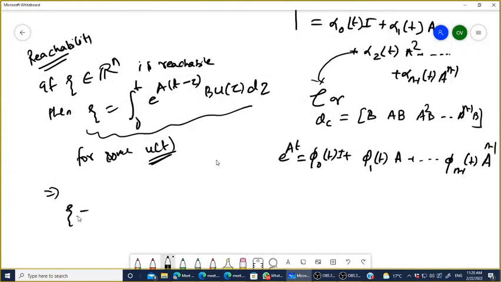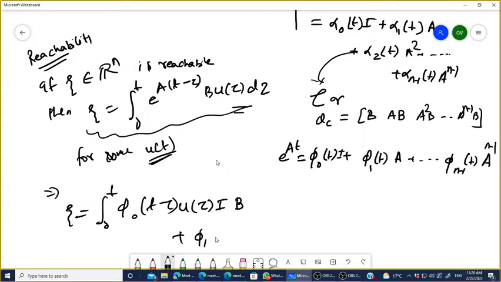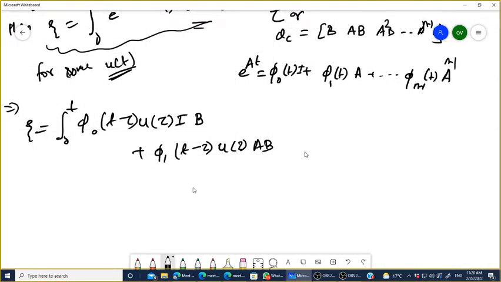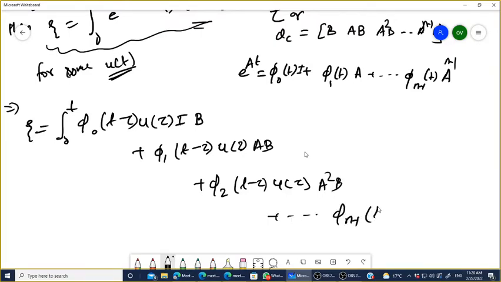So you can write this zeta equals integral 0 to t of alpha 0 (t minus tau) u(tau) — expand this — I B plus phi 1 (t minus tau) u(tau) A B, then plus phi 2 (t minus tau) u(tau) A square B up to phi n minus 1 (t minus tau) u(tau) A to the power n minus 1 into B, each with d tau from 0 to t.